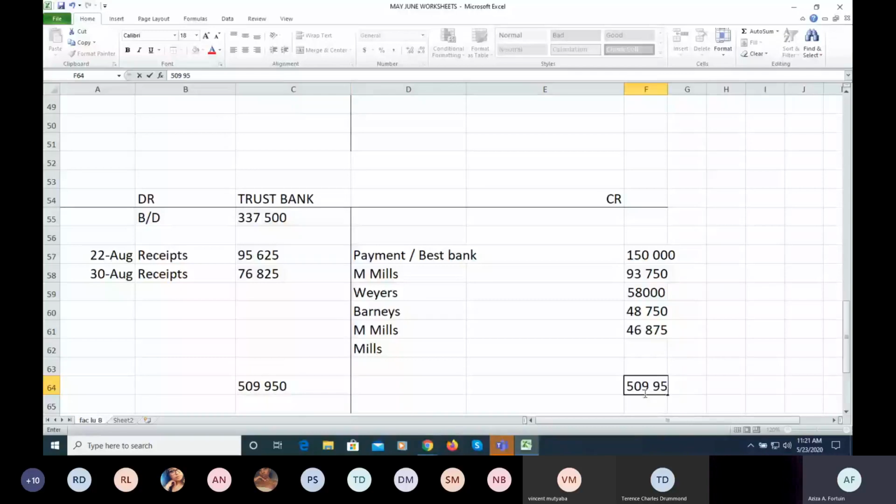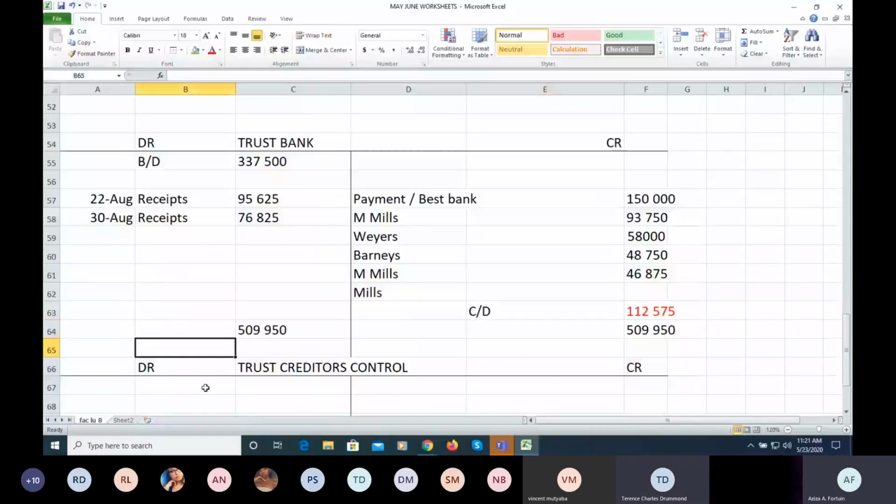So 509,950 minus all these is going to have a carry down value of 112,575. Carry down. And go down. Okay, so this is my trust bank account.